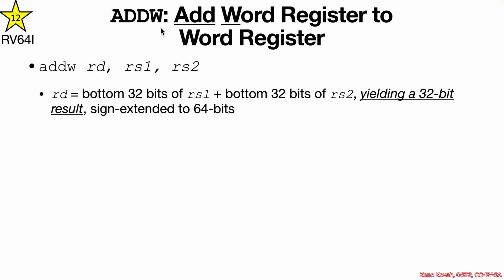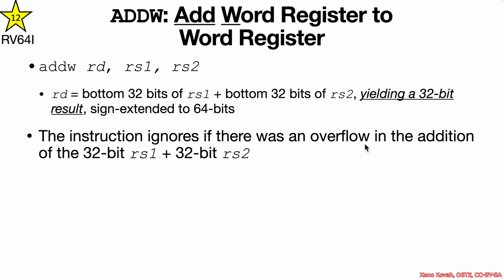But this instruction is saying specifically, I'm in 64-bit mode, but I want to deal in 32-bit registers. So consequently, it's going to take the bottom 32 bits of RS1 and the bottom 32 bits of RS2 and add them together, yielding a 32-bit result. And then it will sign extend that to 64 bits and store the result into the destination register. And this instruction isn't going to care if there was some sort of overflow. It's just going to add them together, and there's no indication anywhere that the result may have overflown.